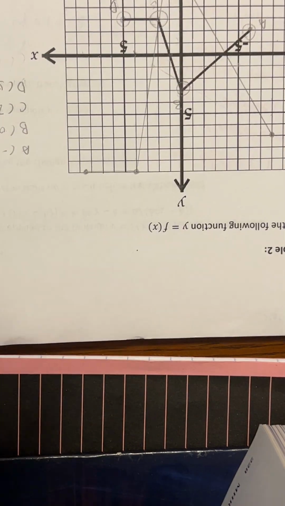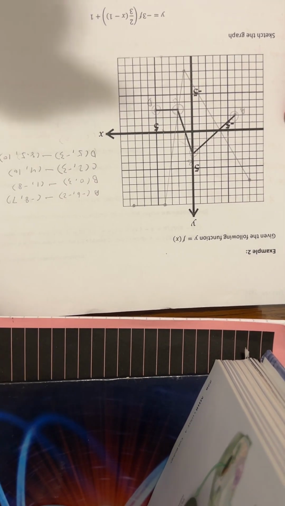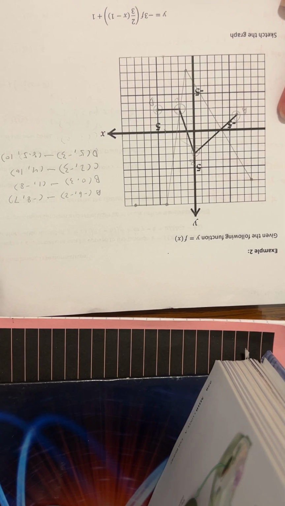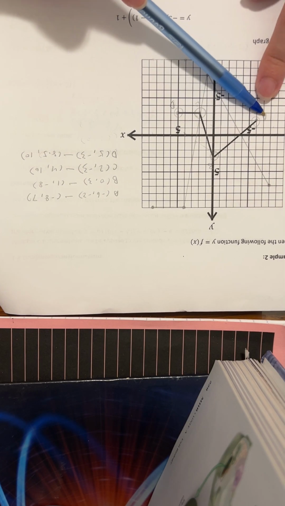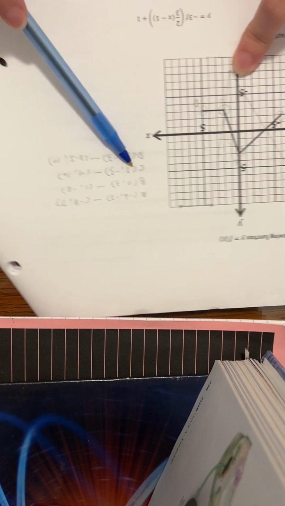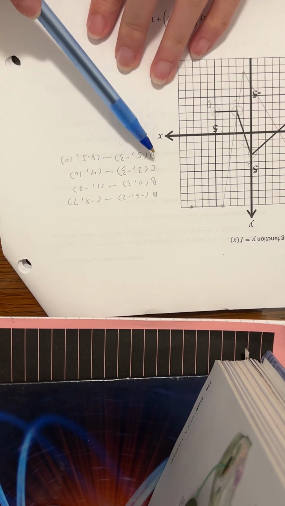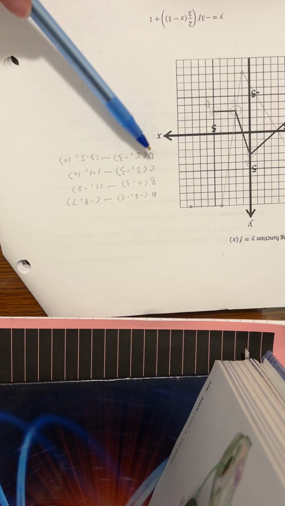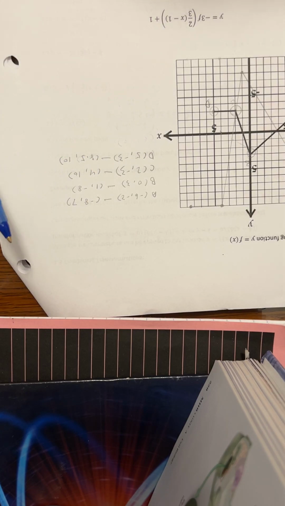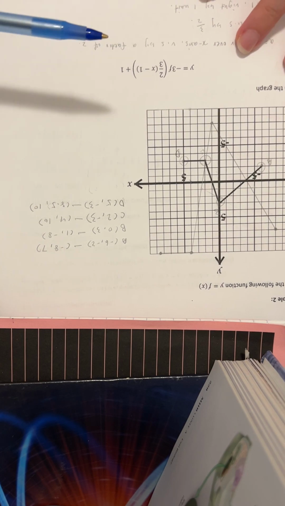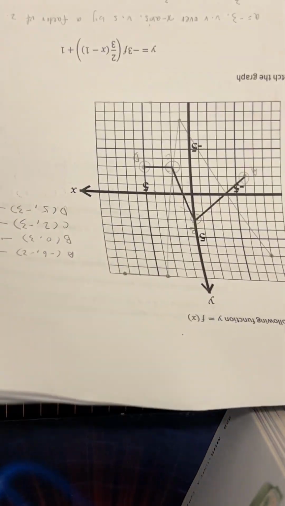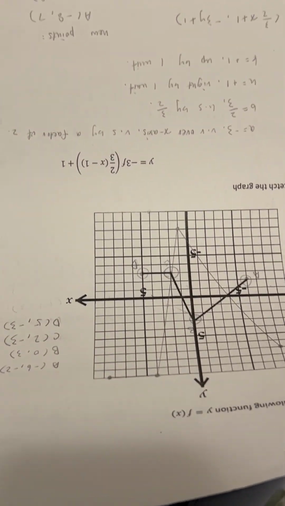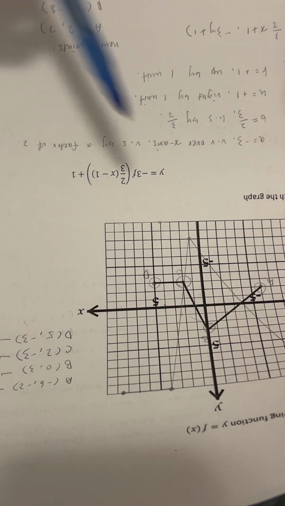Examples. Given the following function y equals f of x, we found the points A, B, C, D and put them down, and then you determine the transformation equation. I wrote all of them down.